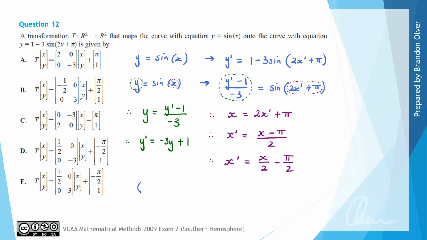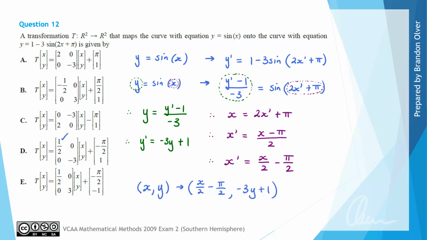Now, if you wanted to, you could put it into mapping notation. So x, y maps to x over 2 minus pi over 2, comma, negative 3y plus 1. And we now need to look for the matrix that allows this to happen. So again, we want a half to multiply x, and we want to subtract pi on 2 off that.